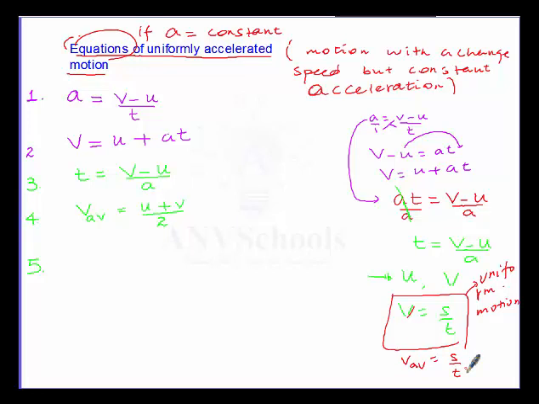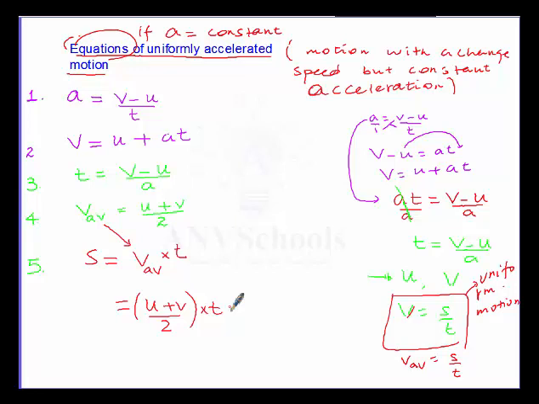If you want to make s the subject of the formula, the total distance traveled by an object is average speed multiplied by t. I can rewrite average speed as initial speed plus final speed divided by 2, multiplied by t. This is our fifth equation.